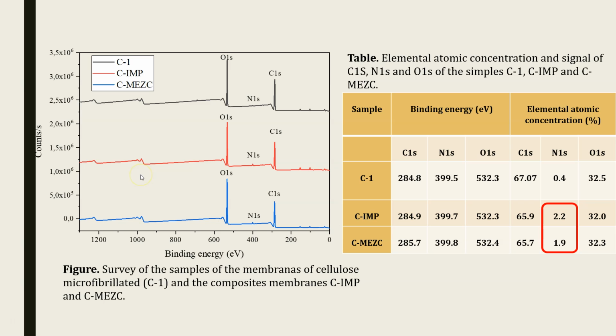The chemical study starts with the XPS survey of the sample. In this, we have obtained signal for carbon, nitrogen, and oxygen for all samples. In the case of C1, the microfibrillated cellulose membrane, this signal corresponds to the chemical structure of this material.